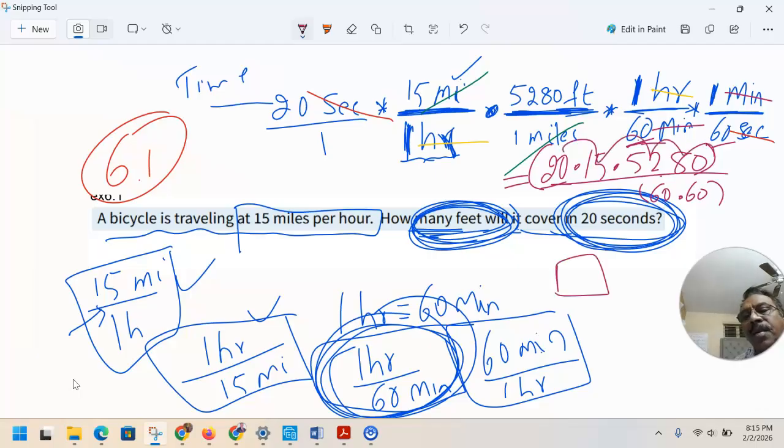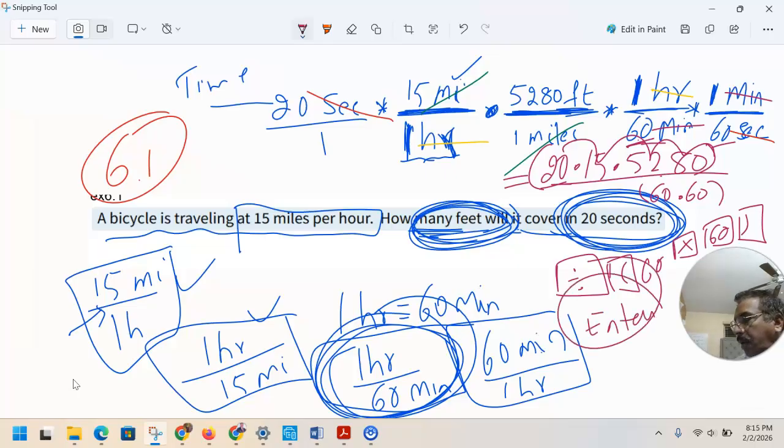But when you do the division, be careful. You have to use an open parenthesis, then 60, then multiply by another 60, then close the parenthesis, and then enter. This is what you do on the calculator, and I think you get the answer to be 440. So you get 440 feet.